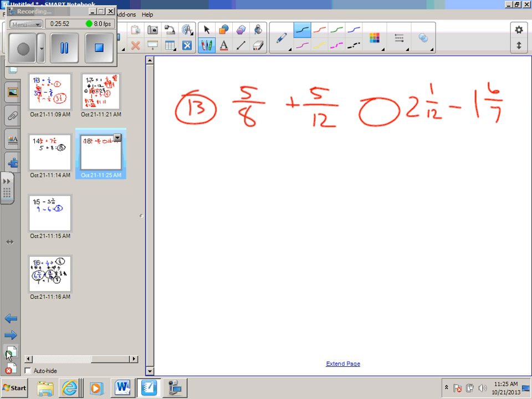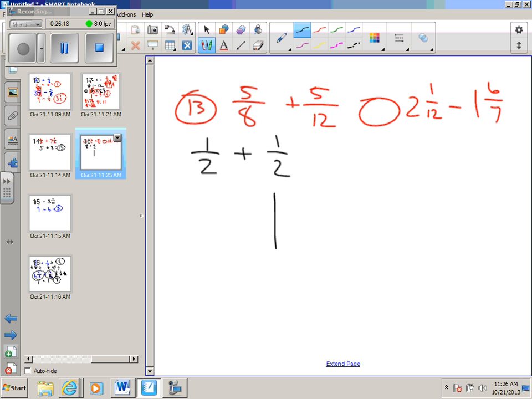So 5/8, closest to 0, half, or 1? Half, because half is 4/8, right? 5/12, closest to 0, half, or 1? Half. Half plus half equals 1 whole on this side.